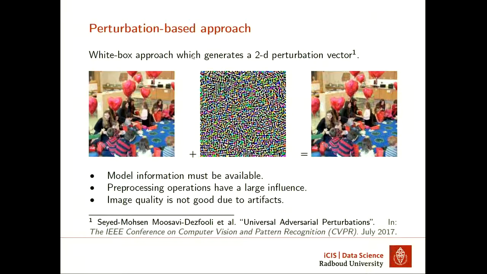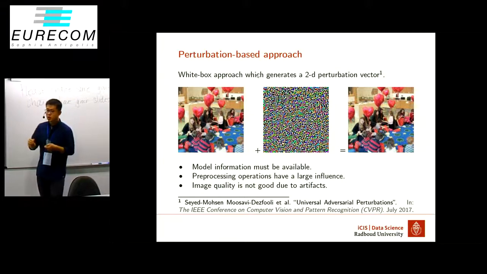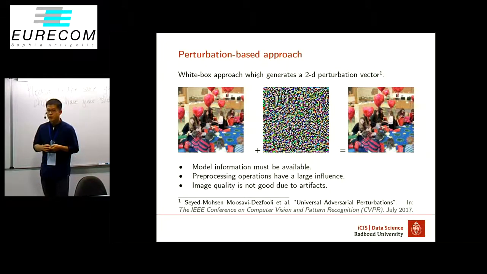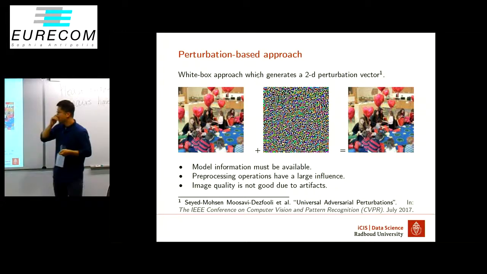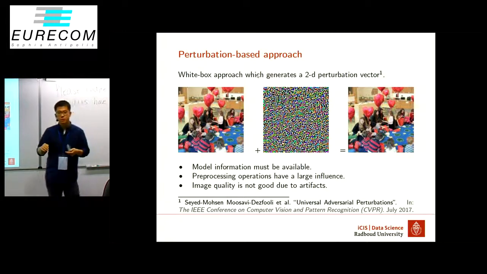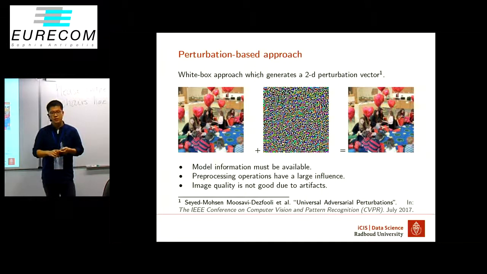The perturbation-based approach is essentially one kind of way to generate adversarial examples. In this submission we use the work on adversarial perturbation, the universal one. Given a data set, we use the knowledge of the model to train one perturbation vector.